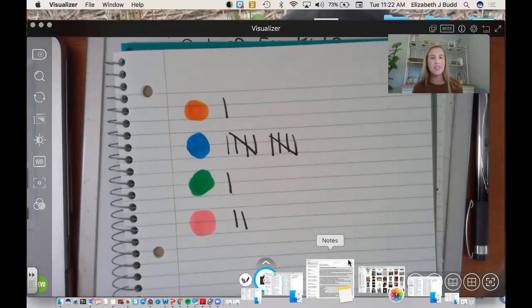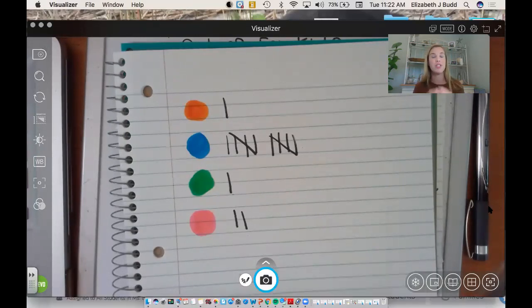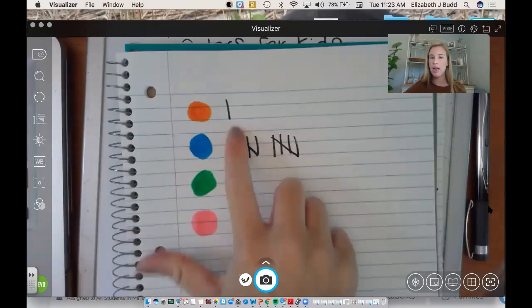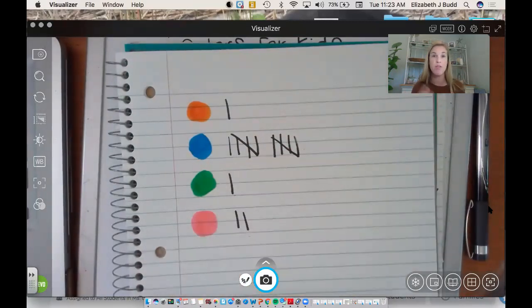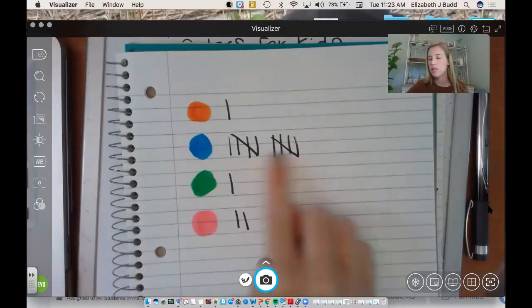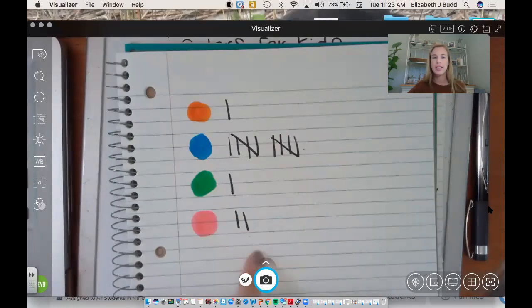But 10 of the students in our Zoom said that they would choose blue out of these 4 colors to be their favorite. Only 1 student chose orange, 1 student chose green, and 2 students chose pink. I put tally marks beside each of these colors as the students voted for them as their favorites.